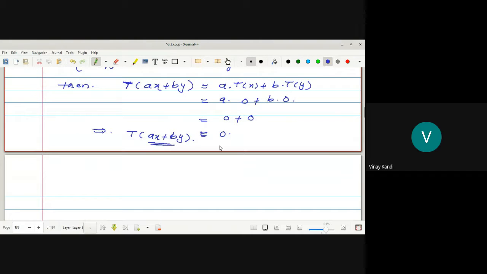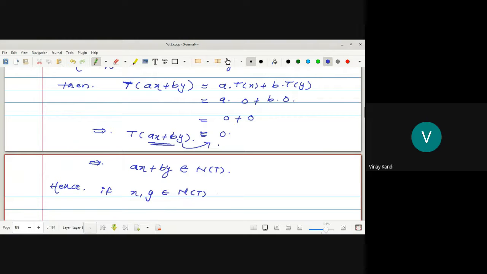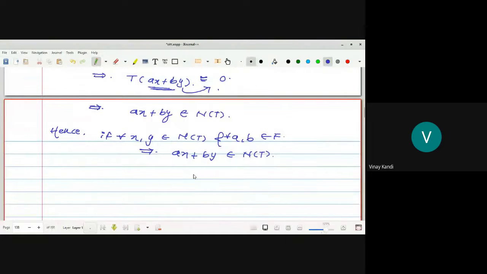So this implies a into x plus b into y belongs to the null space of T. Hence, if x and y belong to N of T, for all x, y and for all a, b belonging to F, then ax plus by belongs to the null space of T. Hence the null space of T is a subspace.